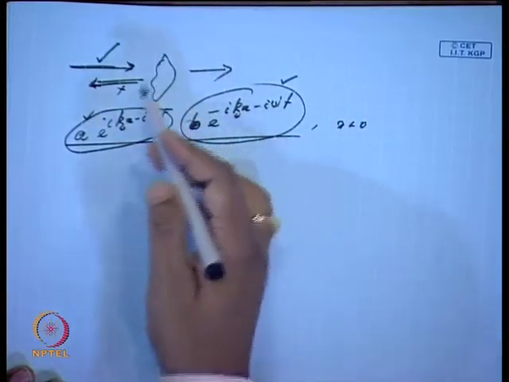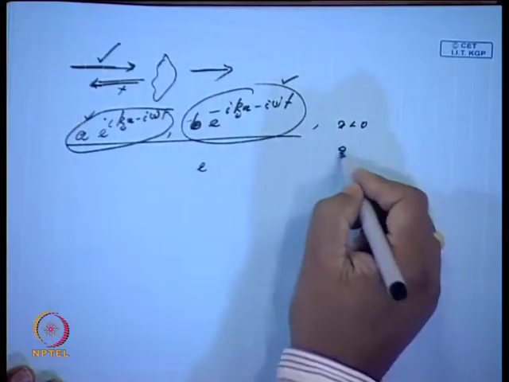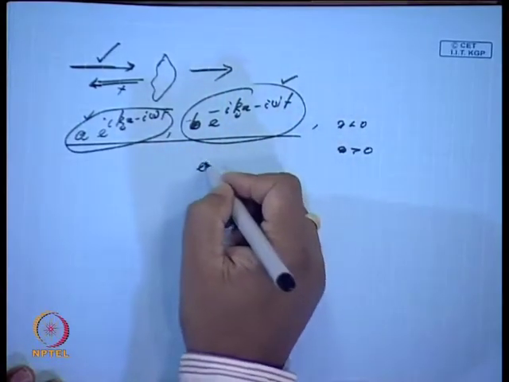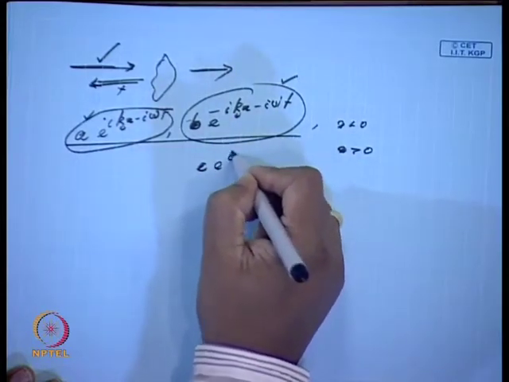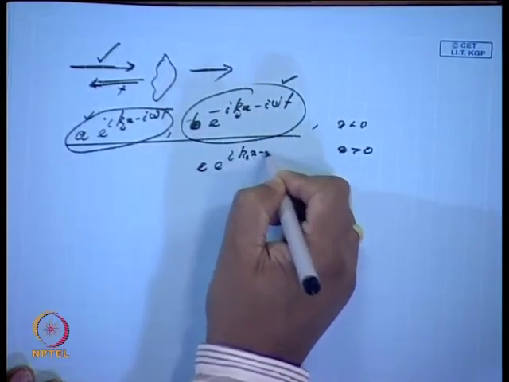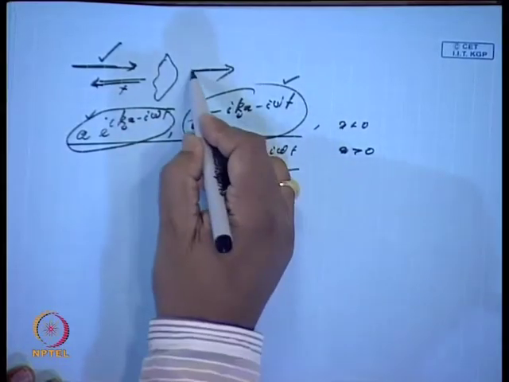On the other hand, for x greater than 0, I may have a constant c, and then my wave will be e to the power i k x minus i omega t, and that will be the outgoing wave.